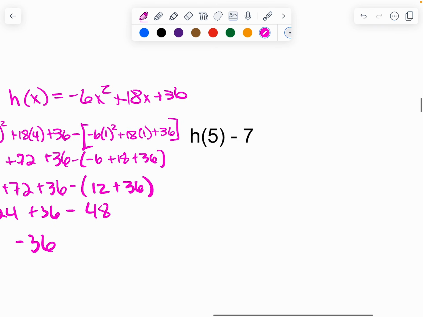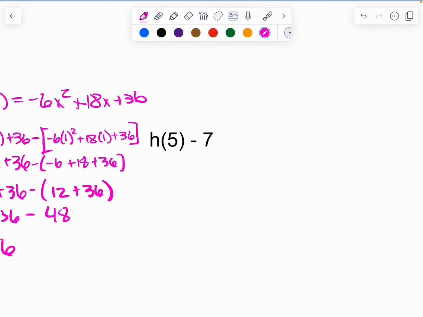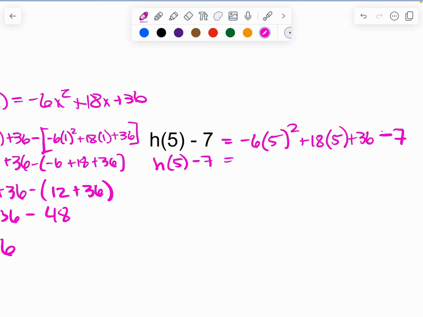Okay. So last but not least, for this part. Okay, I'm going to plug in 5. So negative 6 times 5 squared, plus 18 times 5, plus 36, minus 7. So h of 5 minus 7 equals negative 6 times 25, plus, oh, I don't know that off the top of my head, 90 plus 36 minus 7.